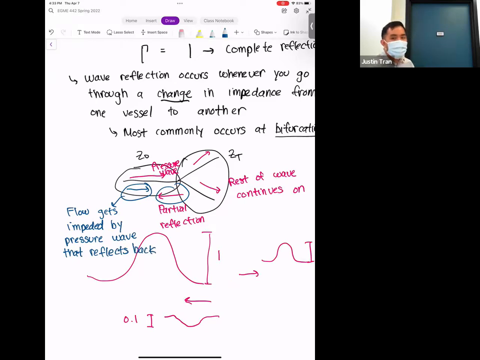And that adds to the amount of resistance that the blood flow feels. So it's a lot more than just viscous friction. The flow is also fighting against these pressure waves that are reflecting back.